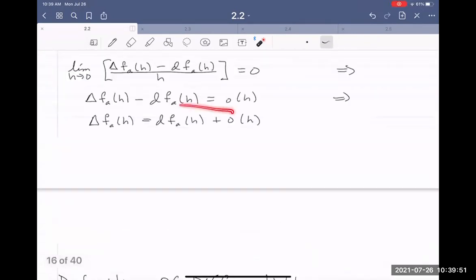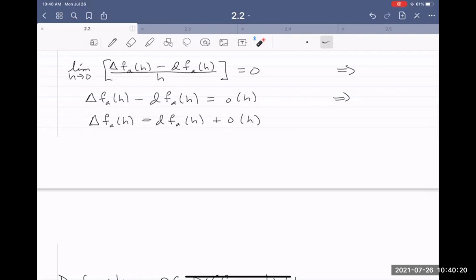So now I can make this into my definition for the derivative. This is a better definition of a derivative than the definition I gave you earlier today, because it will be applicable in many more cases than the definition I gave you a few minutes ago.